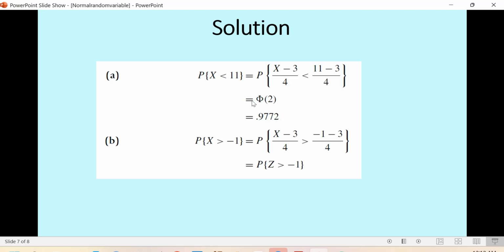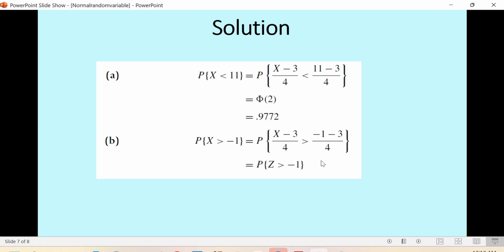This is the same as saying we want to calculate the cumulative probability up to 2 in a standard normal distribution, which equals 0.9772.